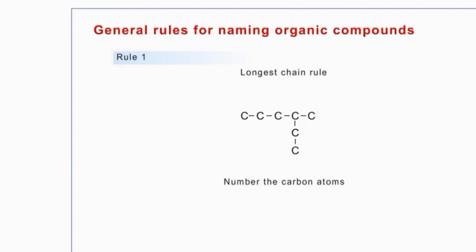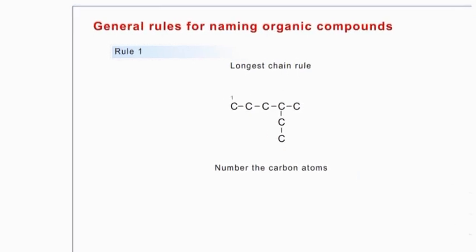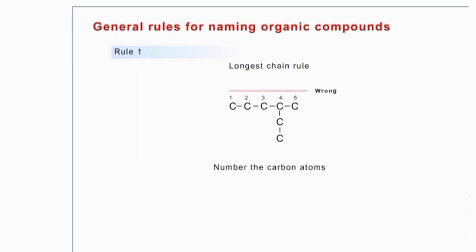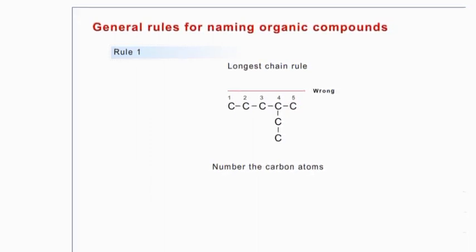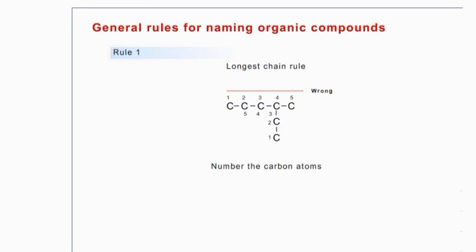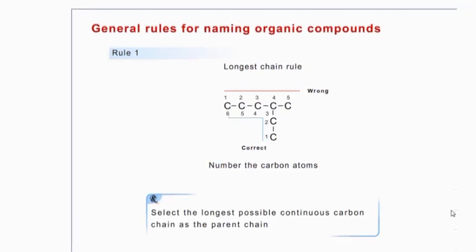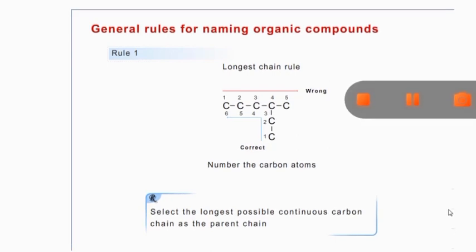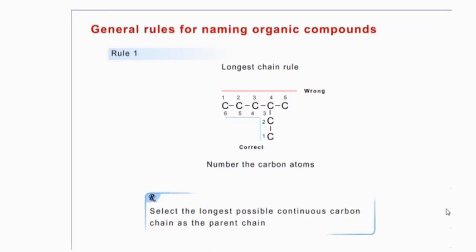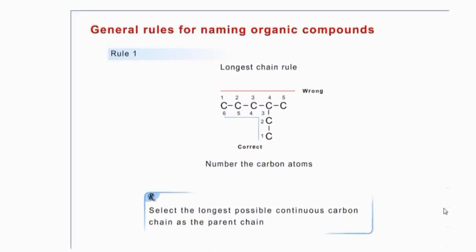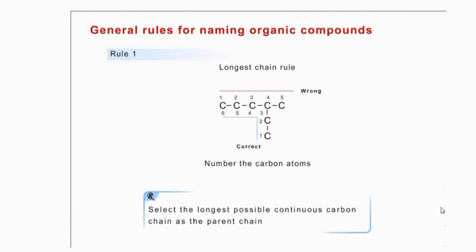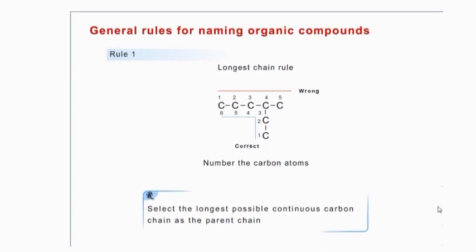So here you have different ways of numbering this carbon. See that. This is one way, it's wrong. You have one more way, this is correct. So why is it correct? You have to select the longest possible continuous carbon chain as the parent chain.